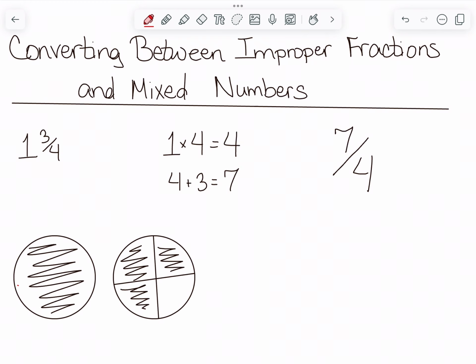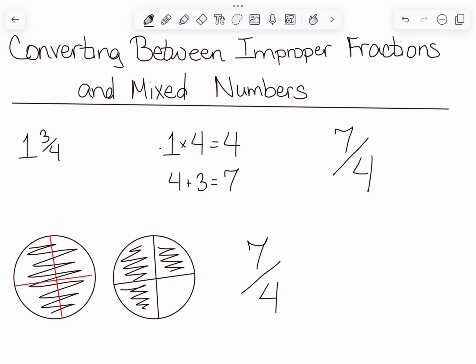Here, I've drawn out my 1 and 3/4. I have 1 whole, and then 3 out of 4 equal pieces on the second one. But when we're dealing with fractions, we like everything to be the same size, so I'm going to break my original one up into 4 equal pieces as well. I can now see that there are 7 shaded pieces, and a single whole is made up of 4 pieces.